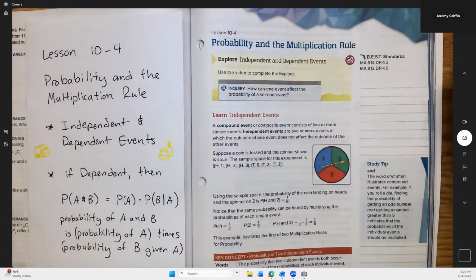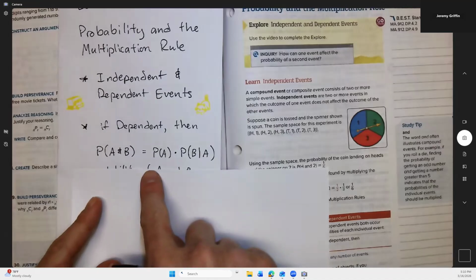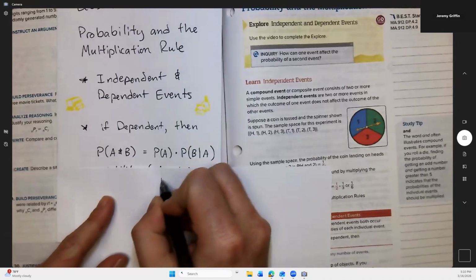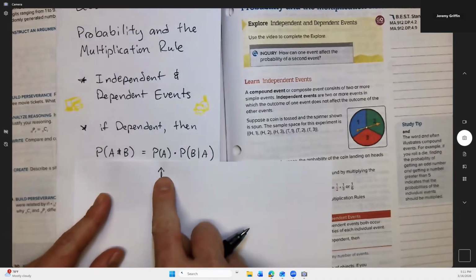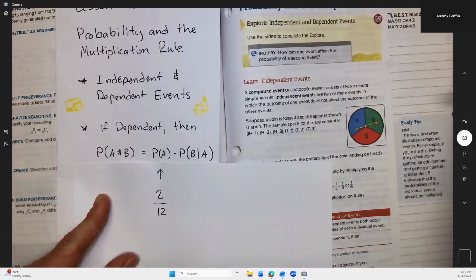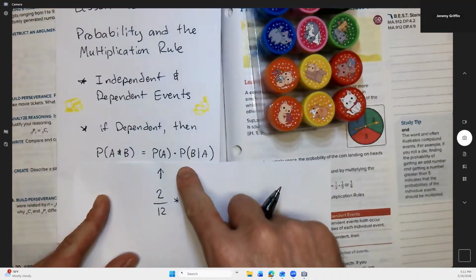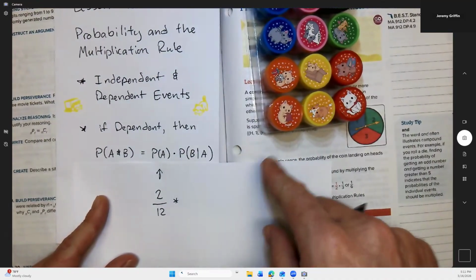Right? Because this notation you gotta see it, think about it a little bit. The probability that they would both be yellow is right here. So I'll just point to the probability of A happening was 2 out of 12. There were two stamps out of 12 that were yellow. Now once that happens, I can keep on multiplying down the chain here.